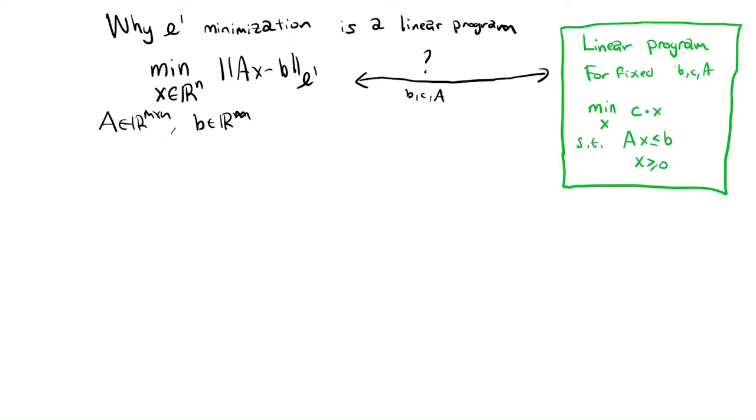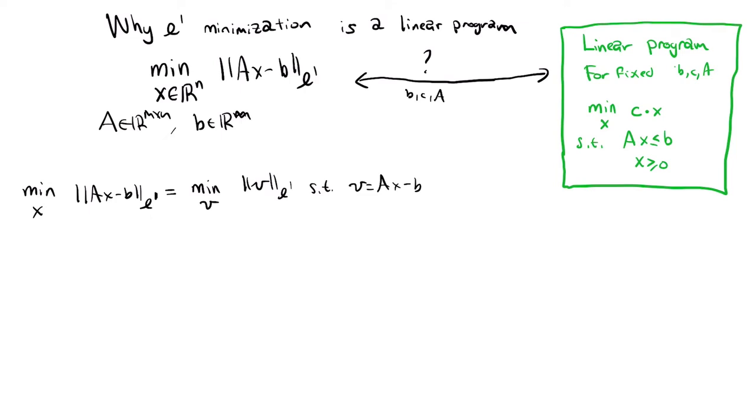So first of all, what we can do is rewrite this problem as the minimum over all v subject to v equals Ax minus b.